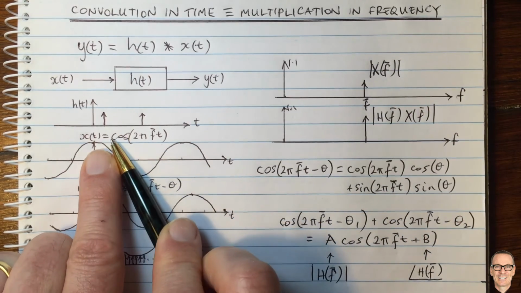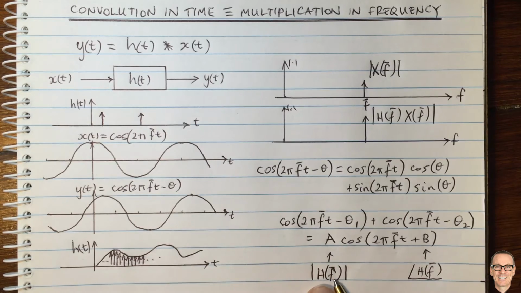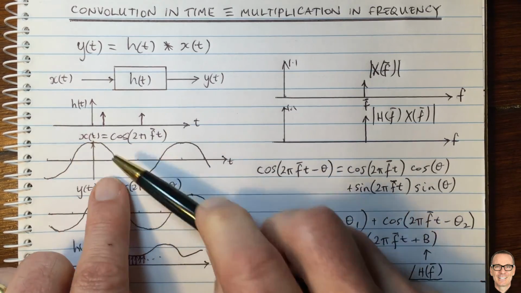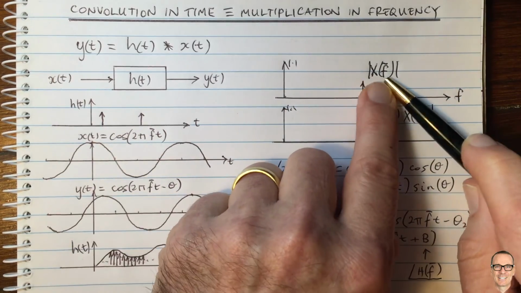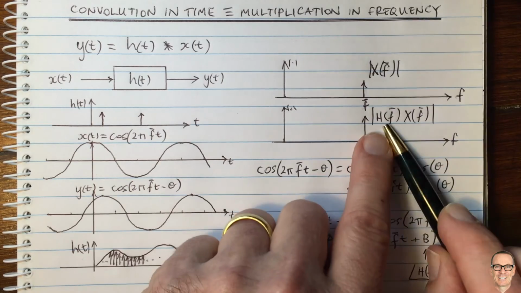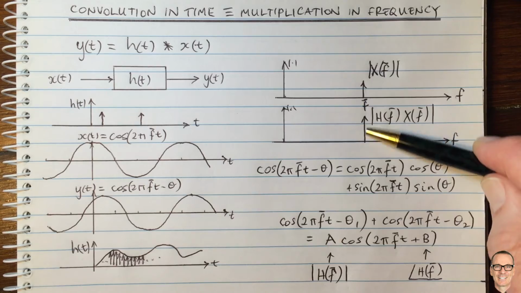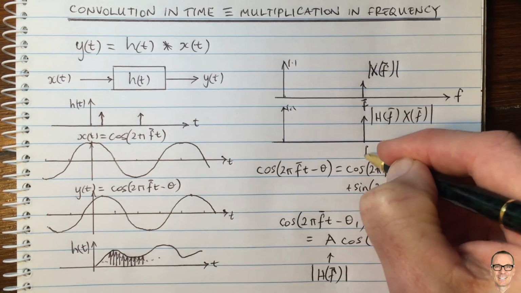I showed an example where it was a unit amplitude and it came out scaled to be H(f bar) as the output. Now, if we allow at that frequency any amplitude, X(f bar), then the output will be the scaled version of X(f bar). This is all at that one frequency, f bar.